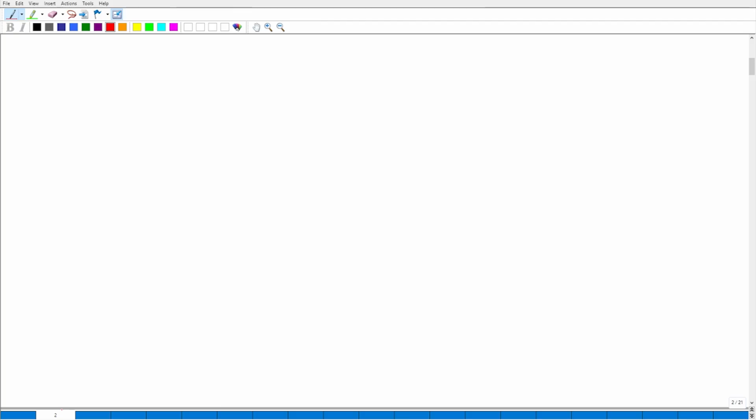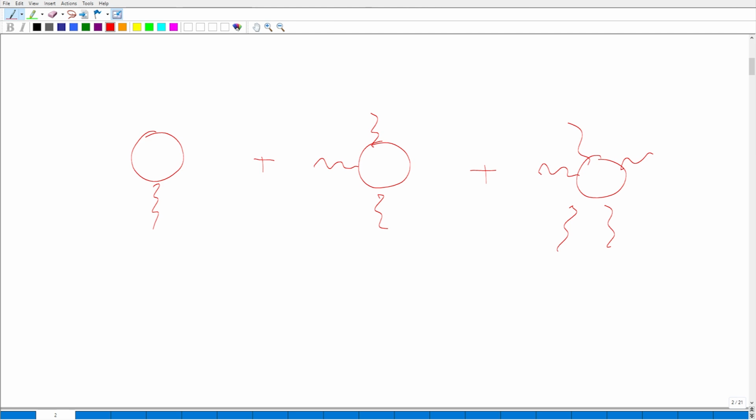In other words, inclusion of this diagram plus this diagram plus this diagram, those are effectively odd in the number of the external lines, and the external lines here are basically photons.